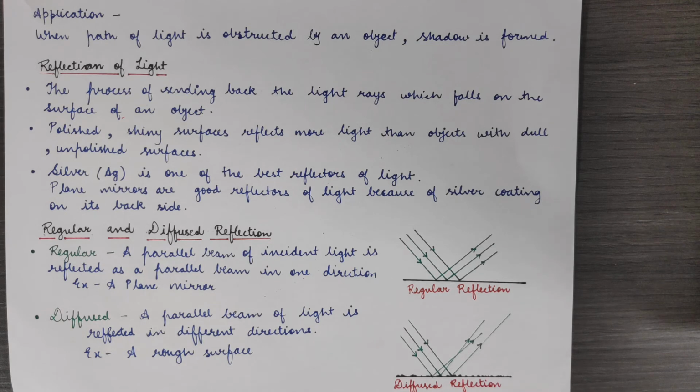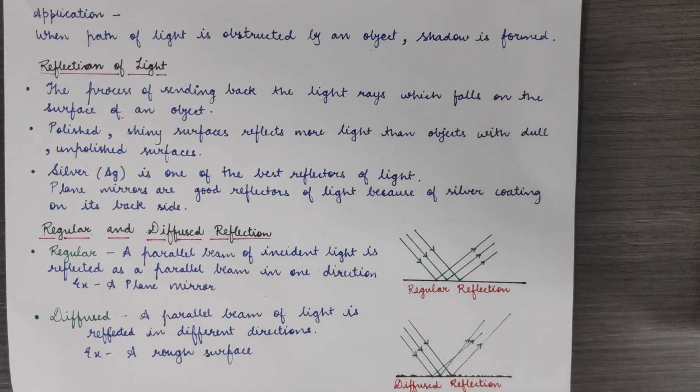So a polished, shiny, smooth surface reflects more light in comparison to objects which have a dull and unpolished surface. Silver is a metal, and it is one of the very best reflectors of light.